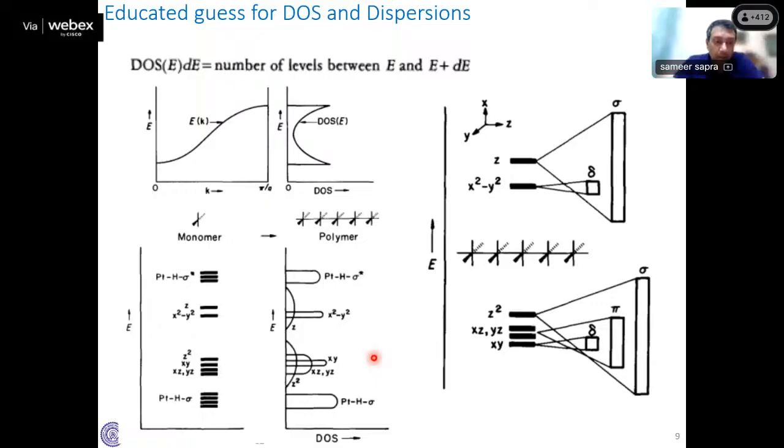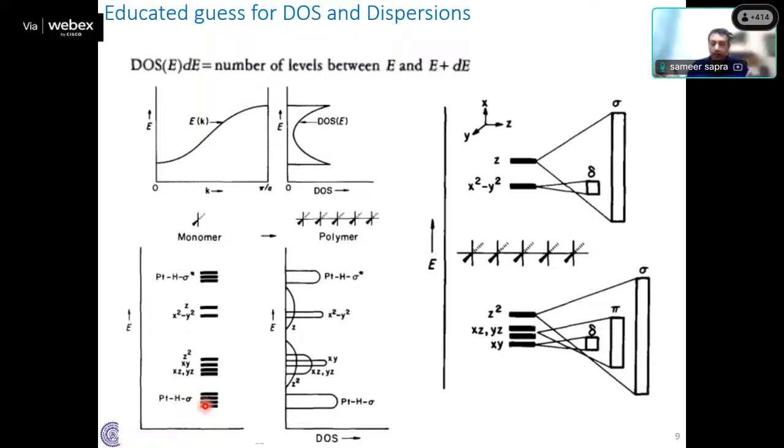Now, if you look at the monomer on the left here, this is the monomer that we just saw. So, what do you expect the DOS to be? These are your ligand levels, right? And these are not going to interact, right? They are in the XY plane.